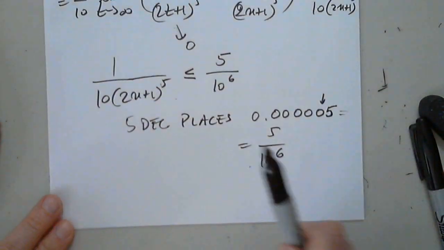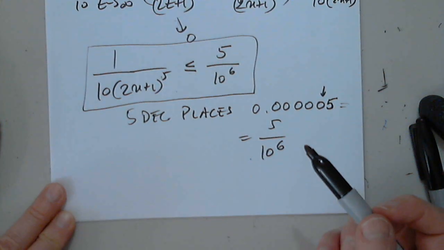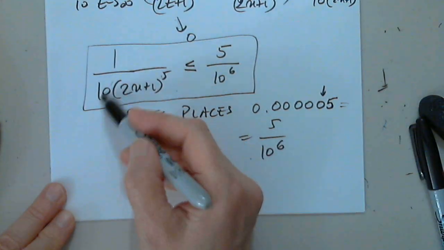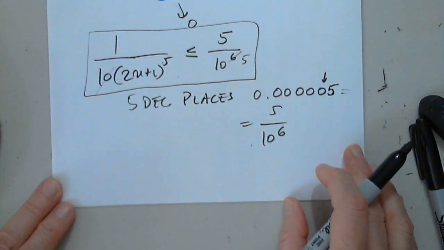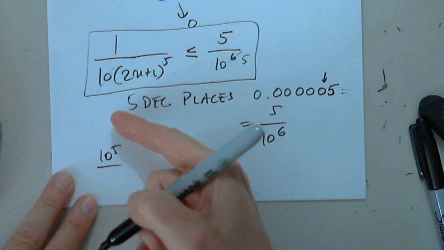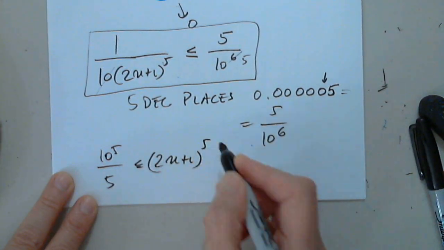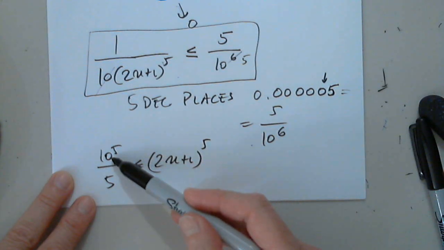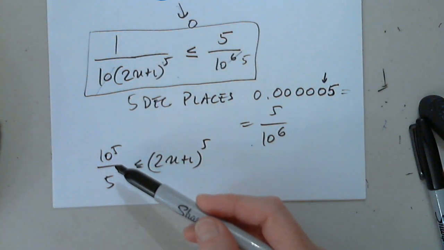Okay, so let's see how we solve this inequality. First I'll multiply both sides by 10. Then I will cross multiply, so I have 10 to the fifth over 5 less than or equal to (2n plus 1) to the fifth. What is 10 to the fifth divided by 5?